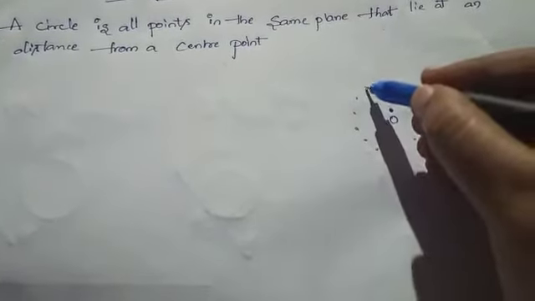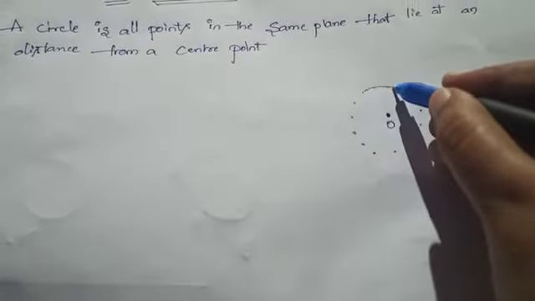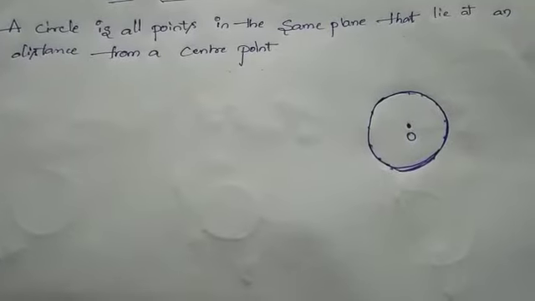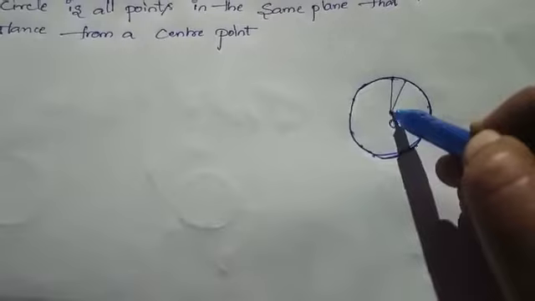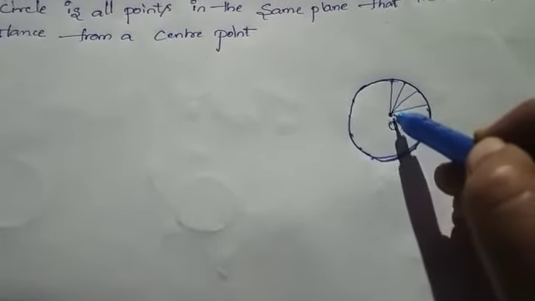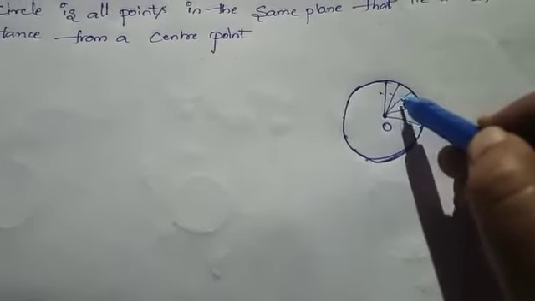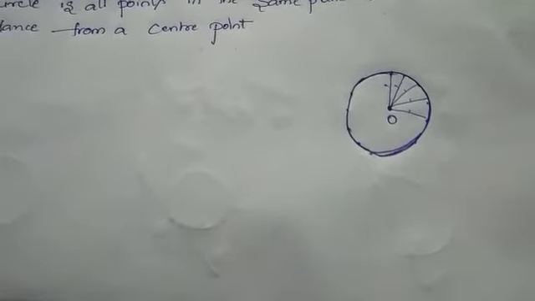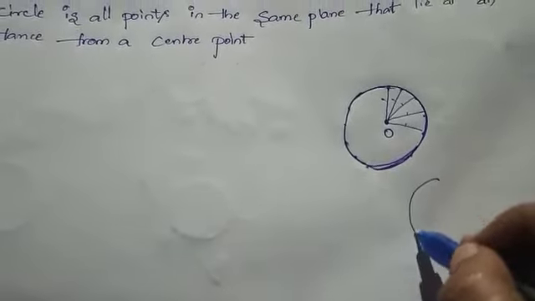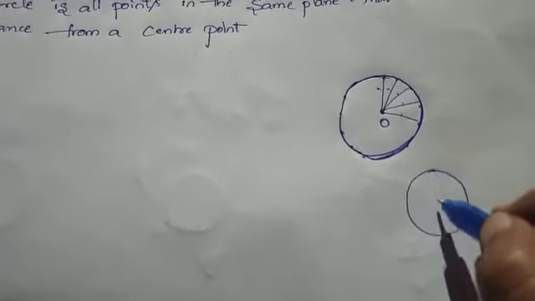Join these points. Here all points are at equal distance from the center point. Here this distance is a constant.